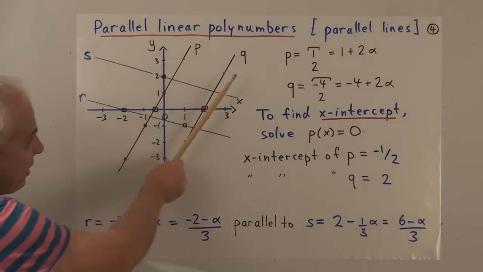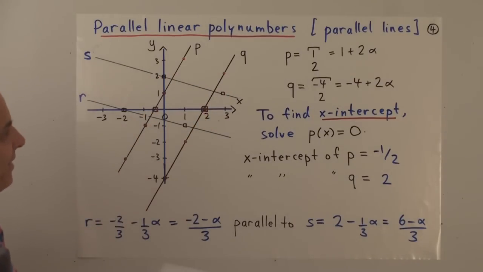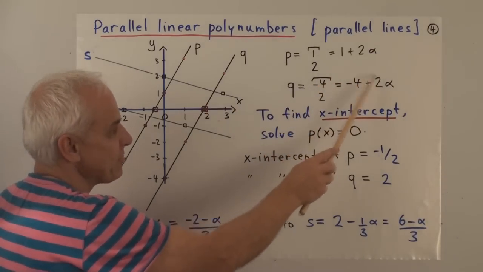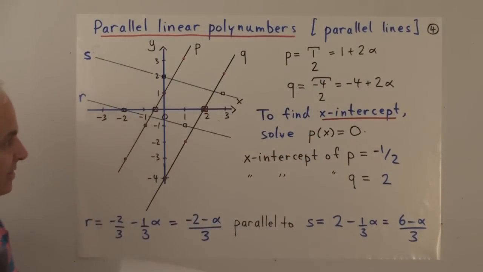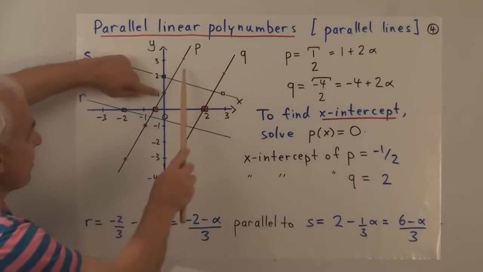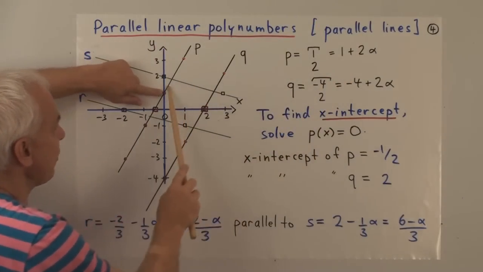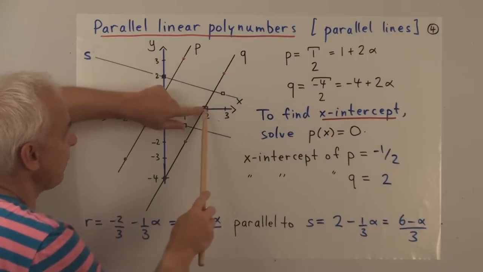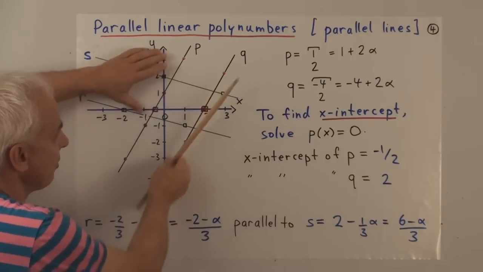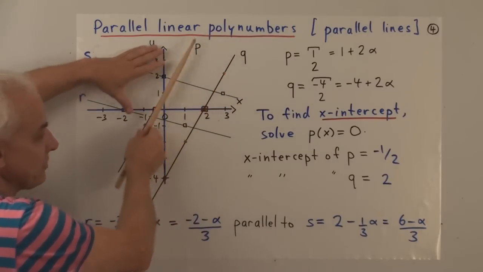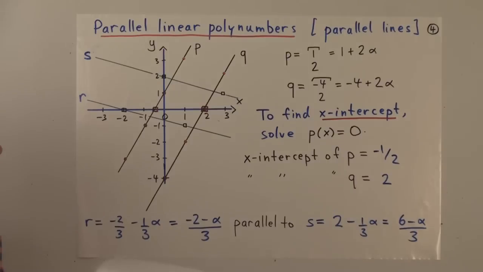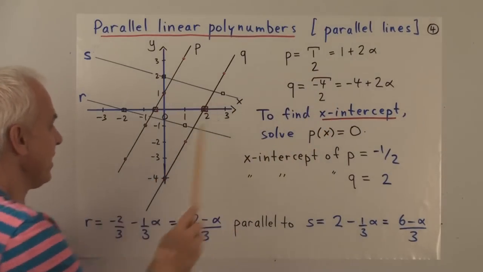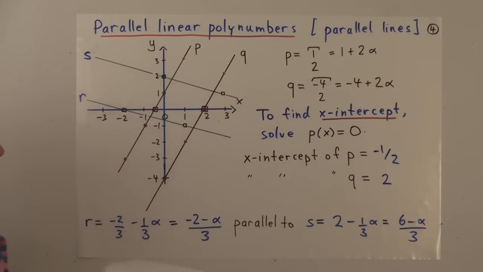These lines look parallel, and they are. And we can see that by looking at their slopes, actually. It's the slopes that determine parallel lines. Because this 2 means that if we go over 1, then we have to go up 2. And this 2 here means that if we go over 1, we have to go up 2. So the slopes are the same. Those lines really are parallel. This one has a y-intercept of 1. This one has a y-intercept of minus 4.